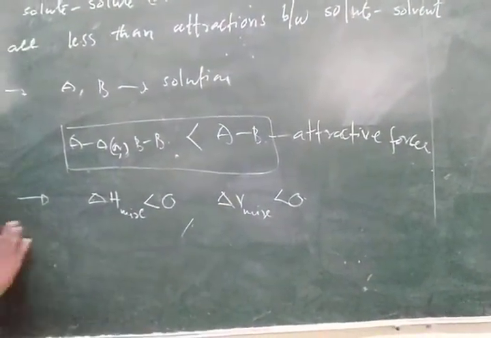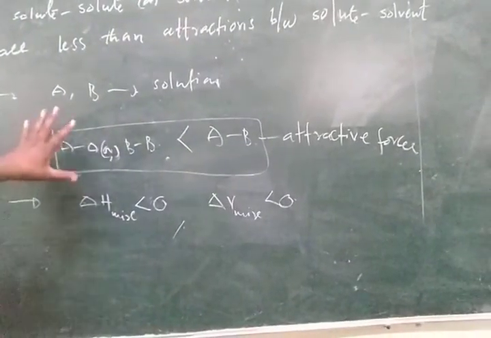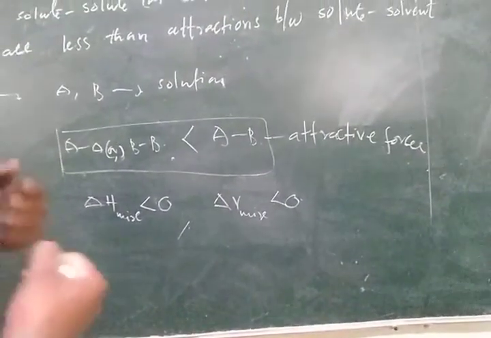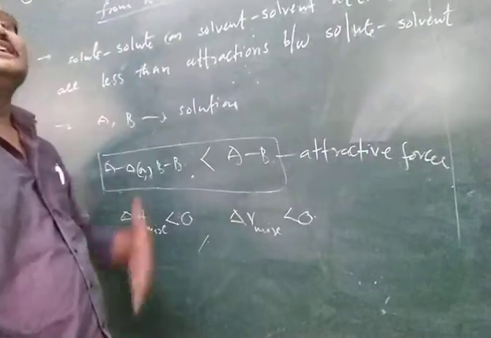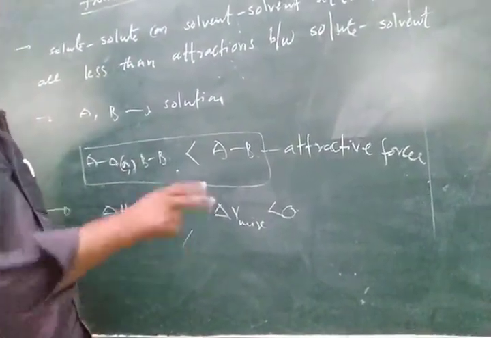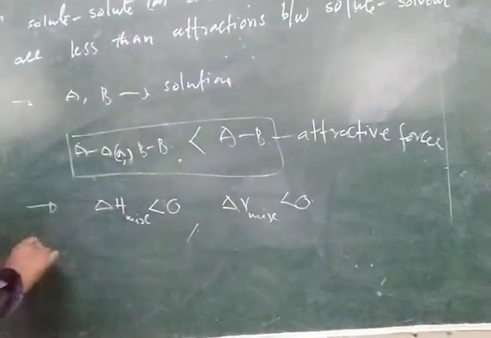In these cases of negative deviation, after mixing the two components, they are strongly attracted. So they will not easily evaporate. So the partial pressures also decrease compared to those predicted from Raoult's law.